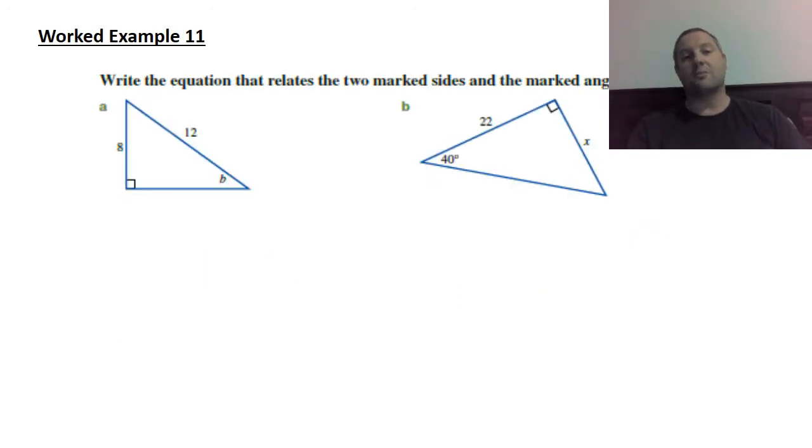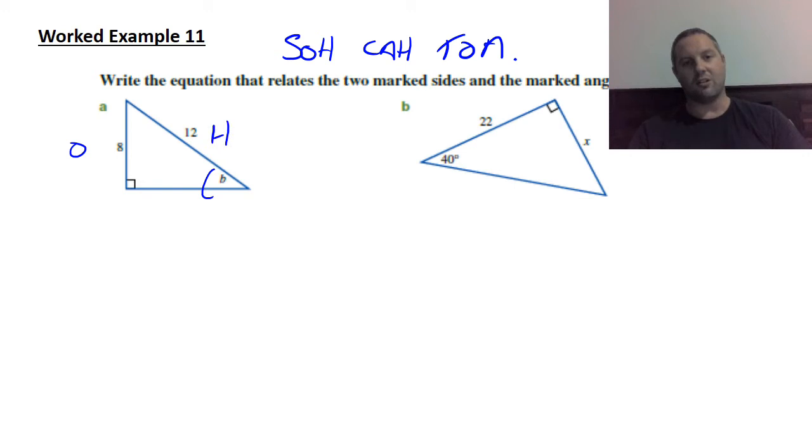For work example 11, it's asking us to write the equation that relates the two marked sides and the marked angle. Again, we're going to be using SOHCAHTOA. Very important to keep writing it down so you know it. Alright, so first of all we need to make sure we label the sides. We have opposite and we're using hypotenuse.